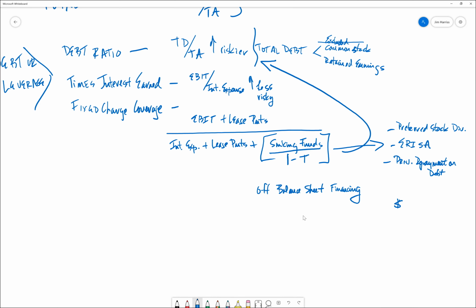Let's say you want to pay $1 of preferred stock dividends, and you're at the 40% tax bracket. That means for you to pay $1 worth of after-tax preferred stock dividends, you have to earn $1.67 before tax to pay $1 after tax.